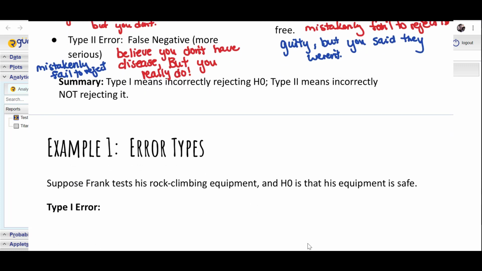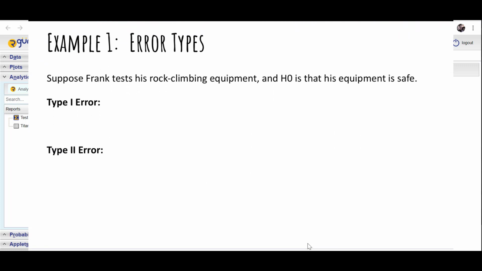All right, so let's look at some real world scenarios, and we're going to put the type 1, type 2 error spin on it. Suppose Frank tests his rock climbing equipment, and the H0 is that the equipment is safe. All right, so I find for these, it's helpful to try to write it out.